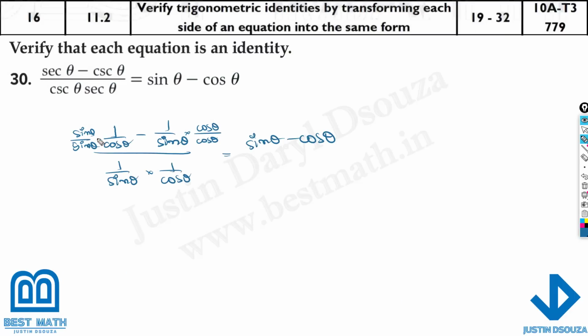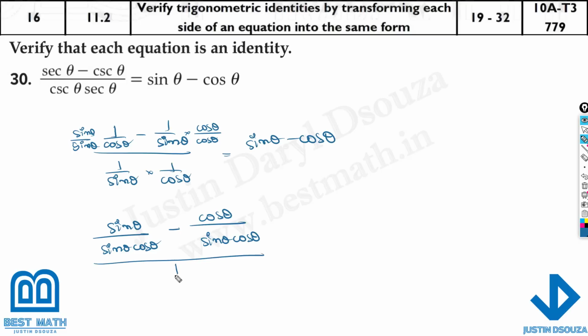Next, we just simplify as much as we can. It'll be sine theta divided by sine theta cosine theta minus cosine theta divided by sine theta cosine theta. The entire thing is divided by 1 by sine theta cosine theta.